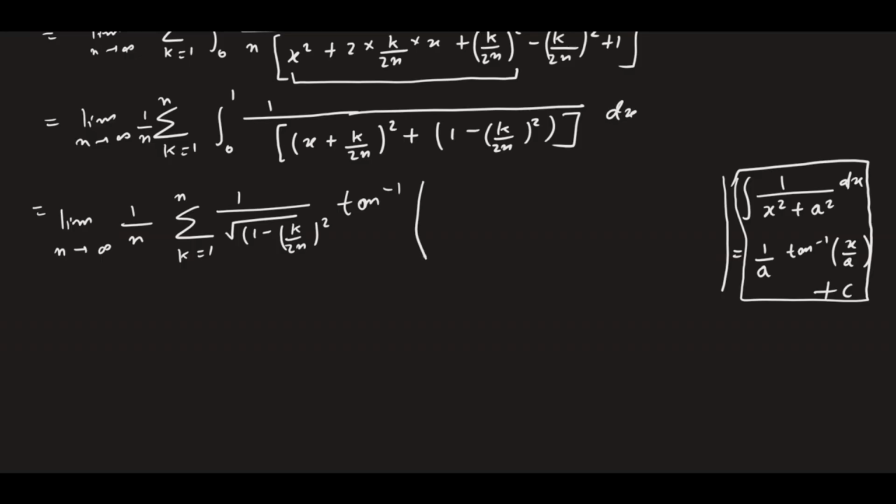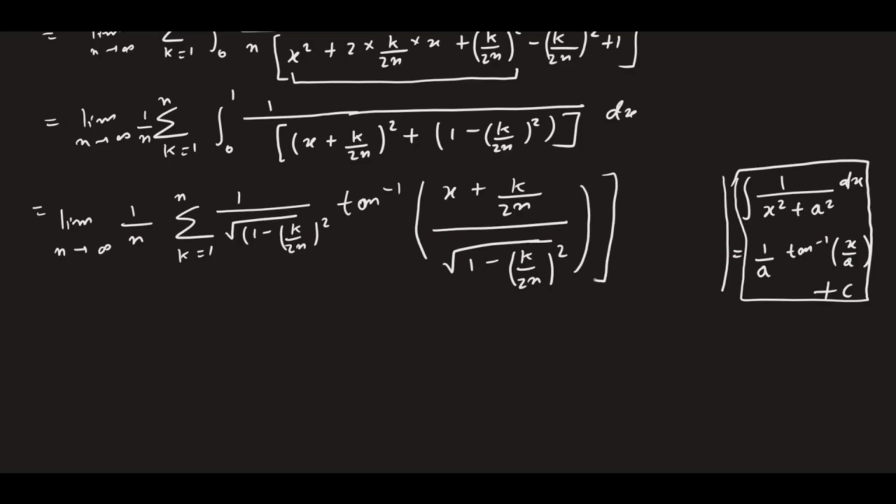So x is here basically x plus k by 2n upon under root 1 minus k by 2n whole square. Okay, and the limit will be 0 to 1.